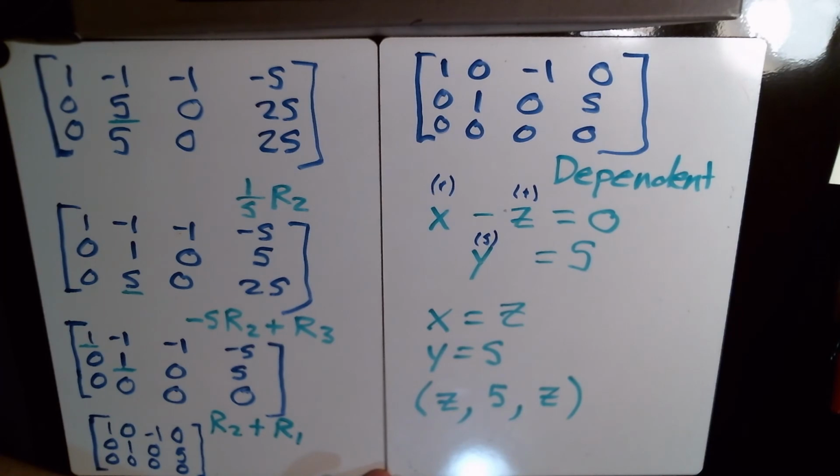Now the book will probably use different variables for this, or it could. You can use any variable for z that you want. You could use like q or t or whatever.